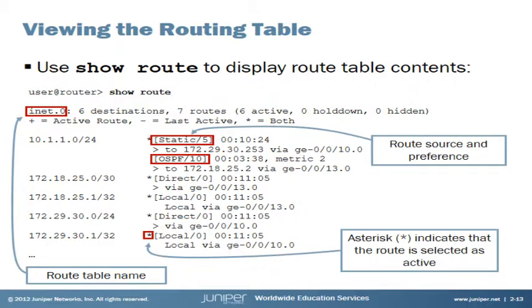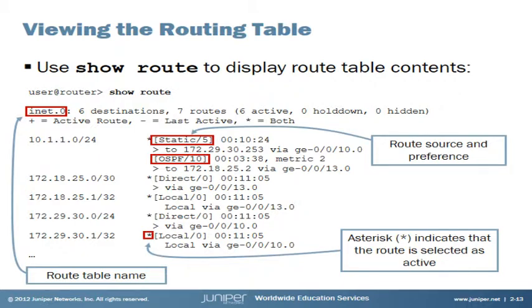Here we have two routes to the same network, 10.1.1.0/24. We have a static route there. The next hop on the static route is 172.29.30.253, going via interface GE0010.